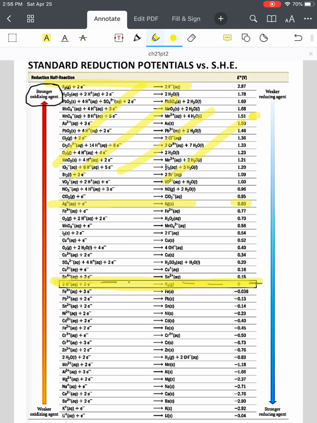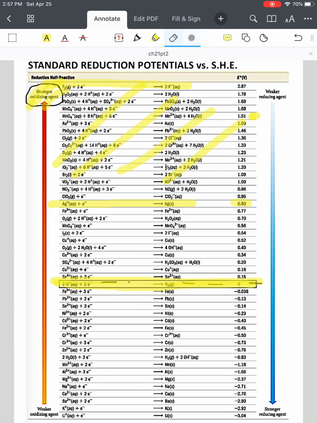Things at the top are going to be super strong oxidizing agents because they like to be reduced. Down here at the bottom, these are weak oxidizing agents because they like to exist in their oxidized form. Instead, they are really strong reducing agents, aren't they? So it's a list of redox activity from high to low. And that's one thing that's really cool about this, okay?